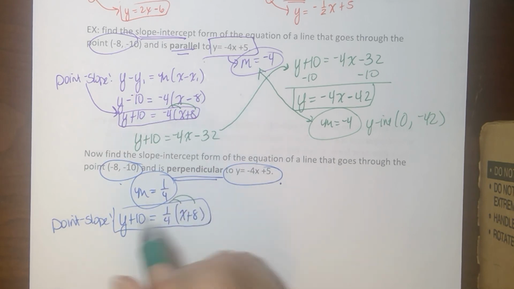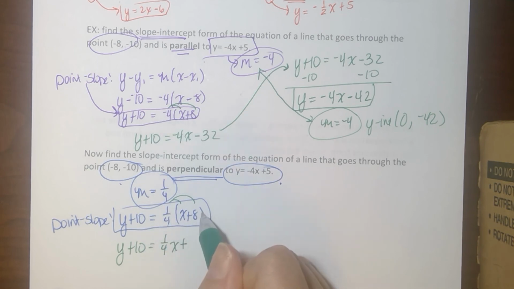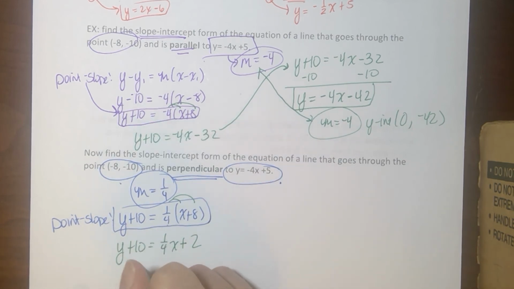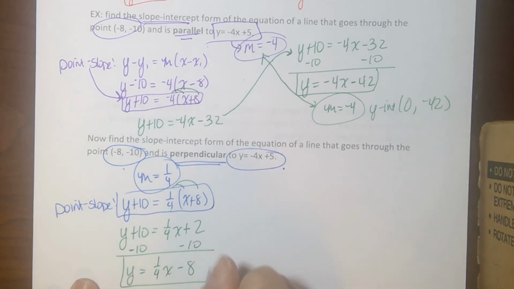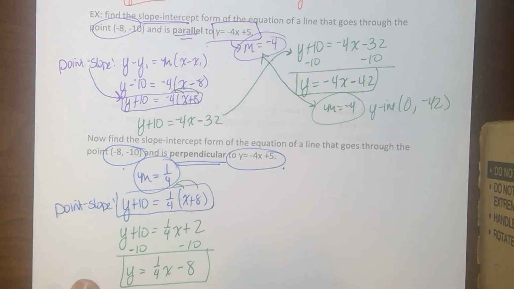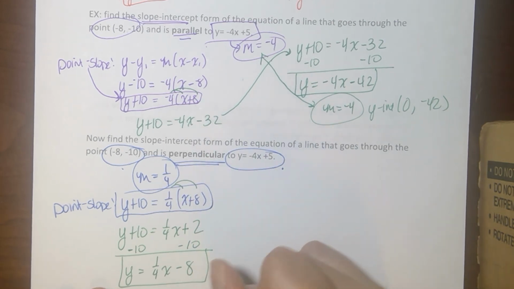First I distribute my slope: y plus 10 equals 1/4 x plus 1/4 times 8, which is 8/4, which is just 2. And then I subtract 10 to solve for y. I end up with y equals 1/4 x minus 8. That's the slope-intercept form of the line that I'm interested in.